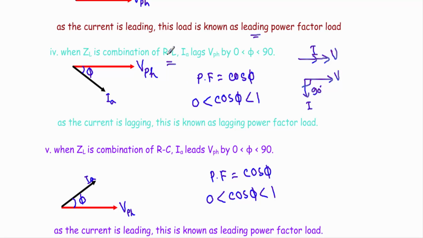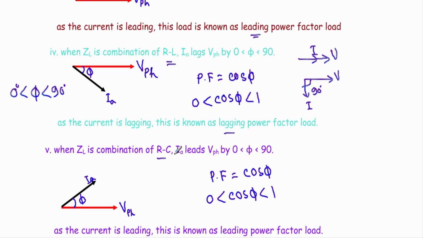If I take the combination of resistor and inductor, our current will be lagging this VPH by an angle of phi, and the value of this phi will be less than 90 degree but greater than 0 degree. As the current is lagging here, this type of load is also known as lagging power factor load.